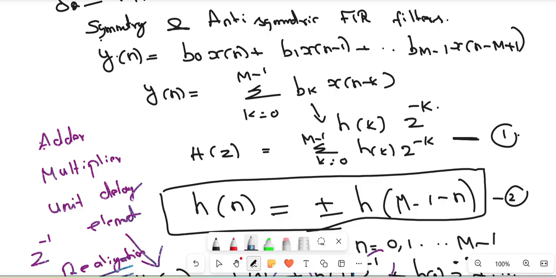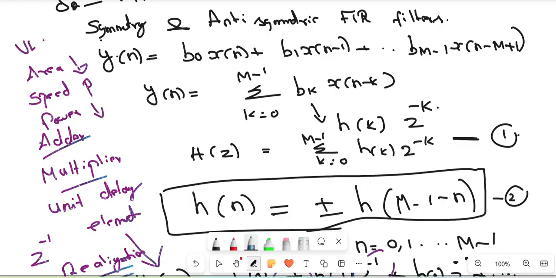So, in the next year you will study the design of FIR or IIR filters, how to design an efficient adder and an efficient multiplier using VLSI technology, in order to optimize the design to meet less area, high speed, and low power. So, these are the VLSI integrated circuits.